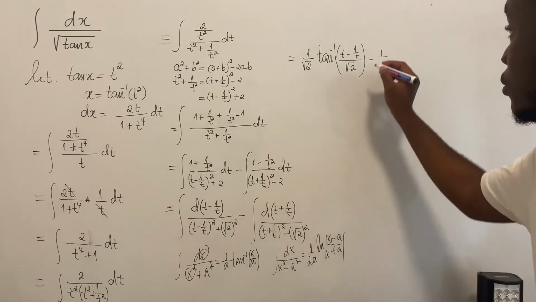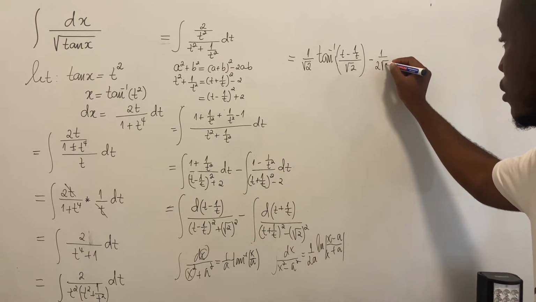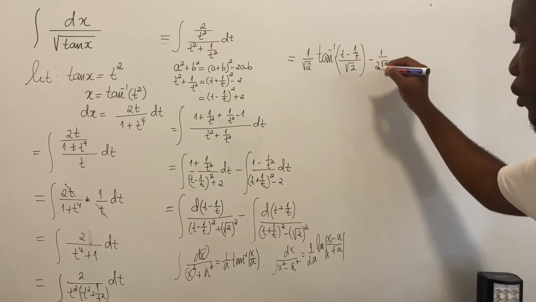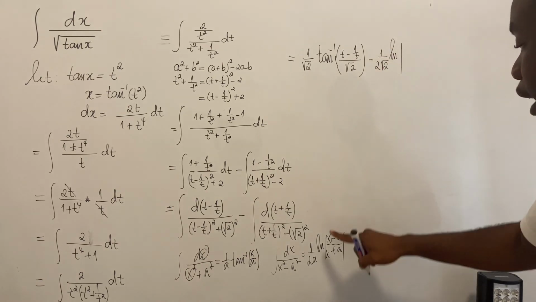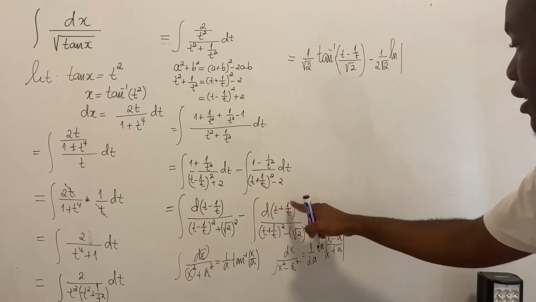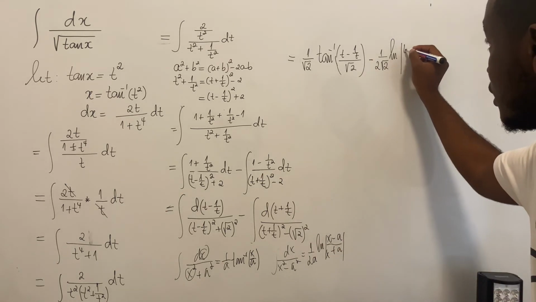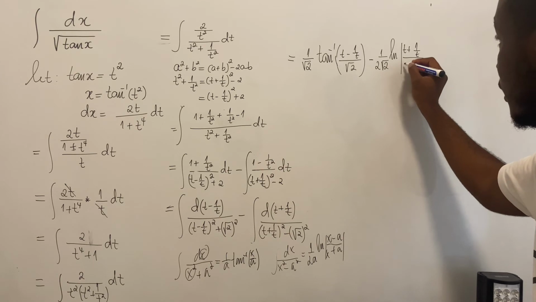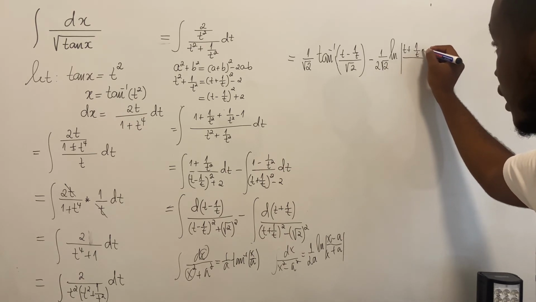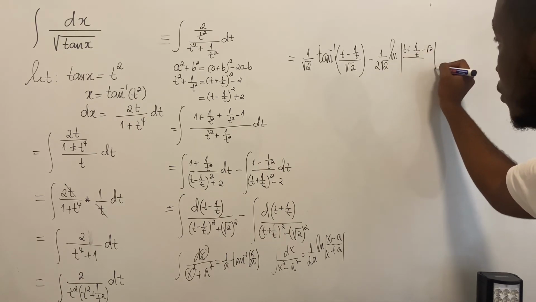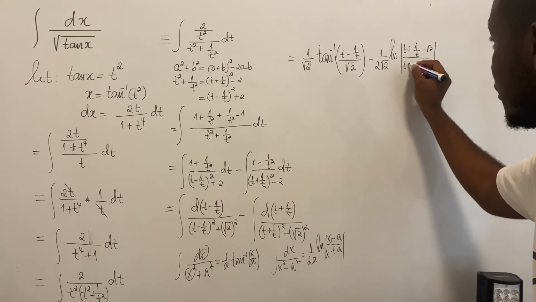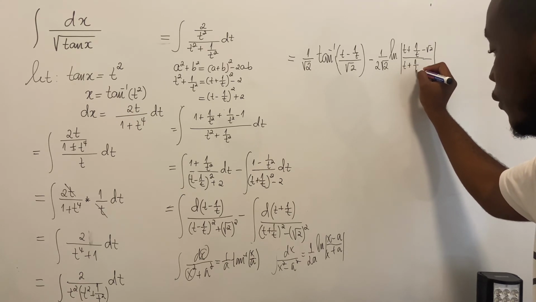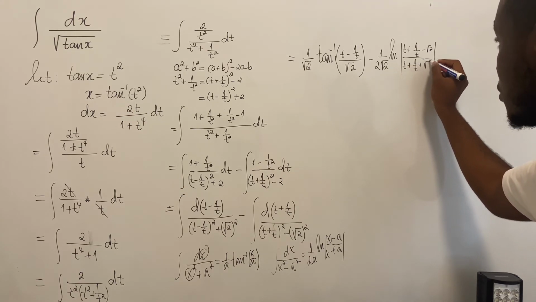Our a is square root of 2. So 2 times square root of 2. Okay, ln of x. In our case, x is t plus 1 over t. So t plus 1 over t minus a, minus square root of 2, over t plus 1 over t plus a, plus square root of 2.